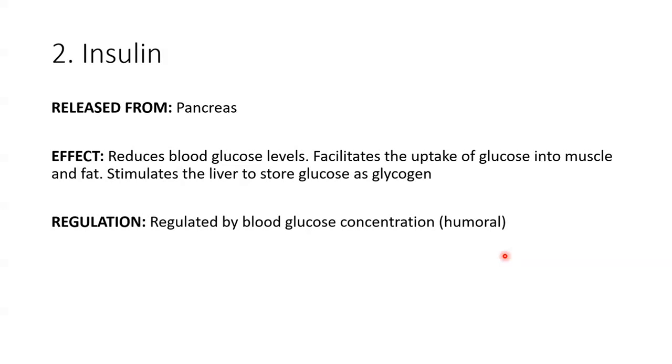As a result of these actions, blood glucose concentration will drop. And similar to glucagon, if blood glucose levels drop too far below normal, the low blood glucose will inhibit the release of insulin via negative feedback and start to stimulate the release of glucagon. So glucagon and insulin work in tandem.